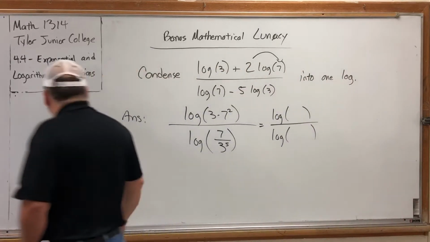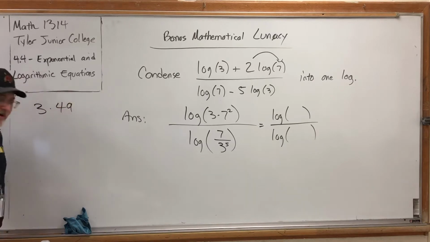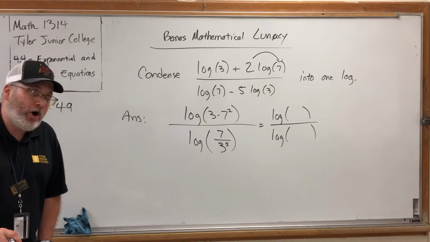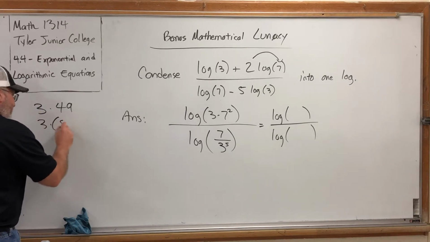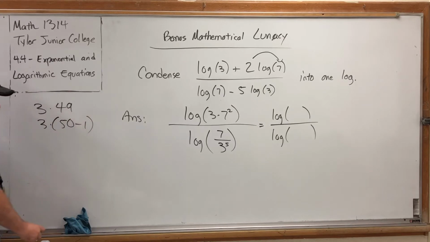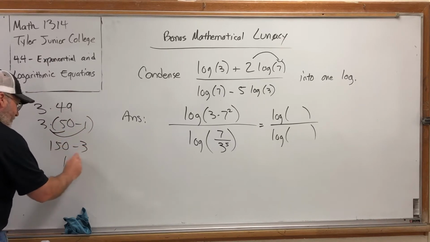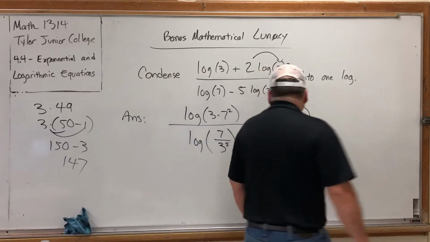And in case you're wondering how I worked that out so quickly, this is what I thought. I love sharing. They're not really secrets, but they're just how some of us appear to be smarter than we are. I didn't do 3 times 49. I did 3 times 50 minus 1. And I used the distributive property to get 150 minus 3. And that's how I did 3 times 49 was 147.